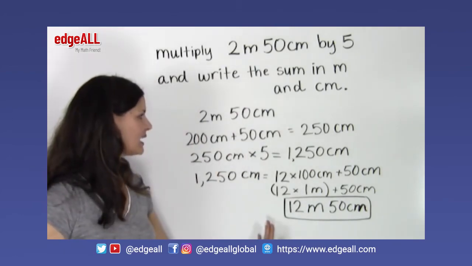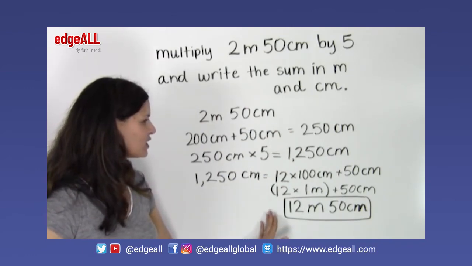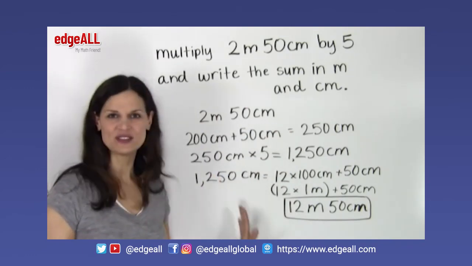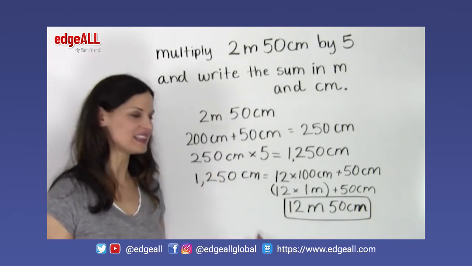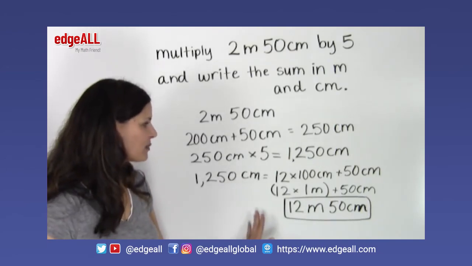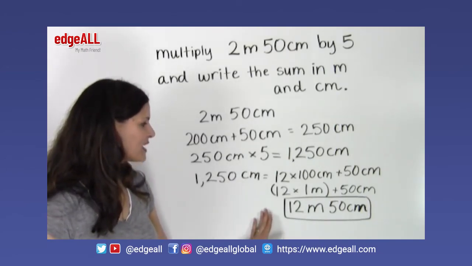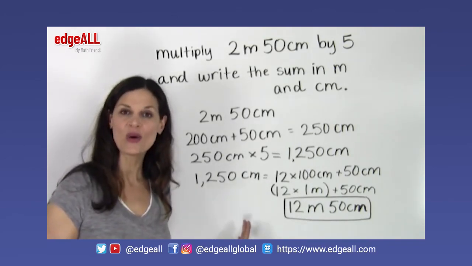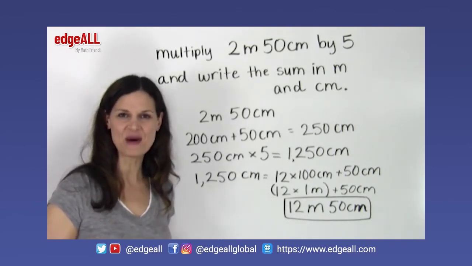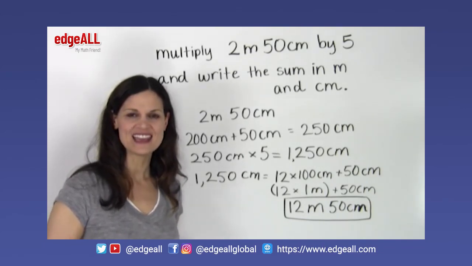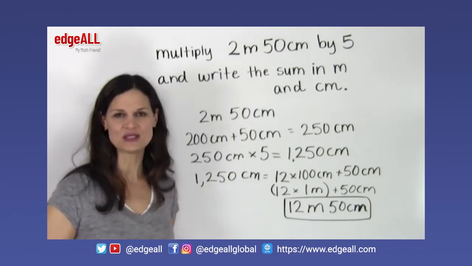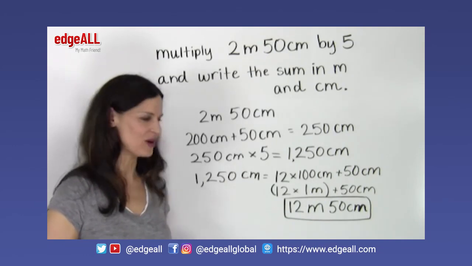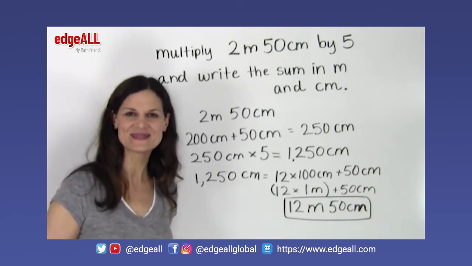This second approach uses a lot more and more difficult mathematics and calculations, and so both approaches are right, but you can figure out which approach you find easier, or you can try your hand at both approaches and really practice your multiplication and all of your unit conversion skills.